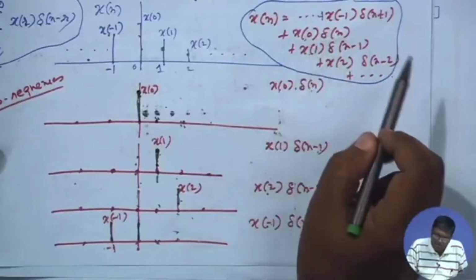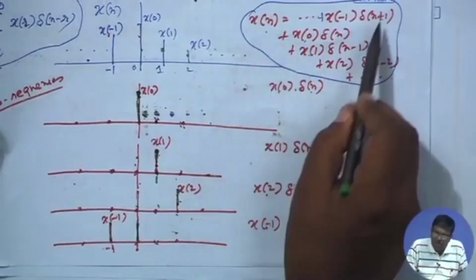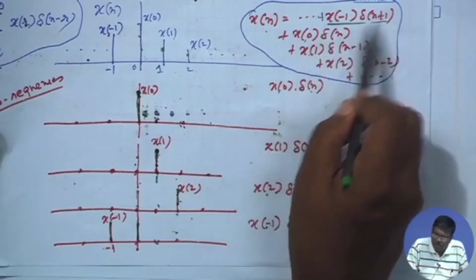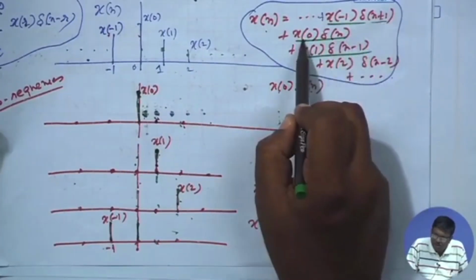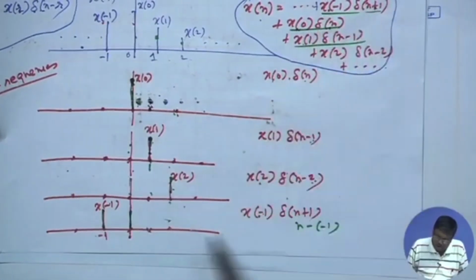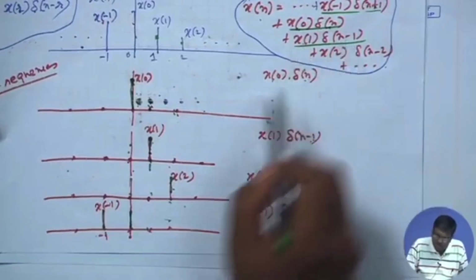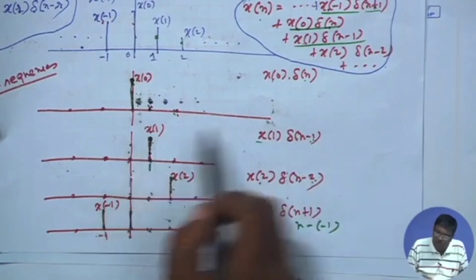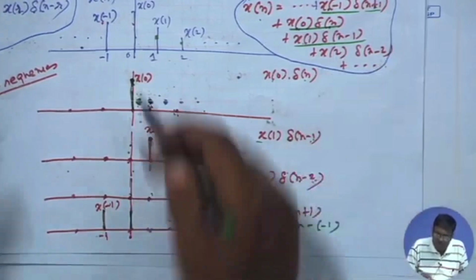That means the original sequence x n is a superimposition of various subsequences. One is x 0 into delta n, this one is x minus 1 delta n plus 1, this one is x 1 delta n minus 1, x 2 delta n minus 2, that is this one.